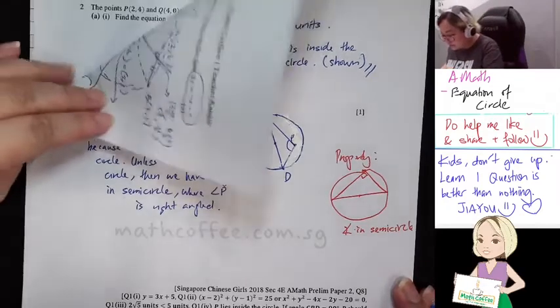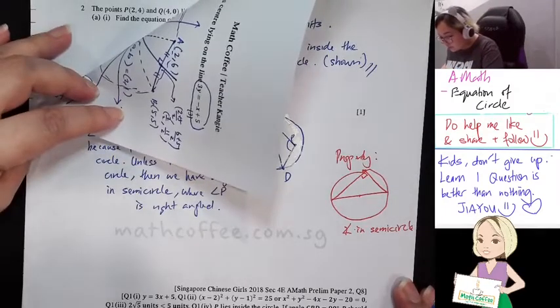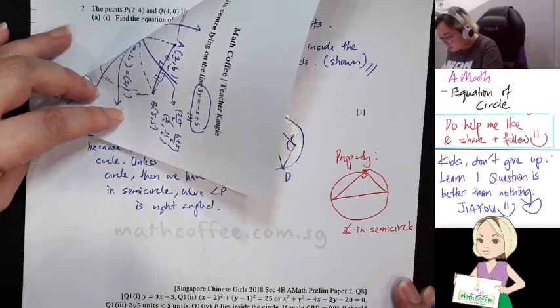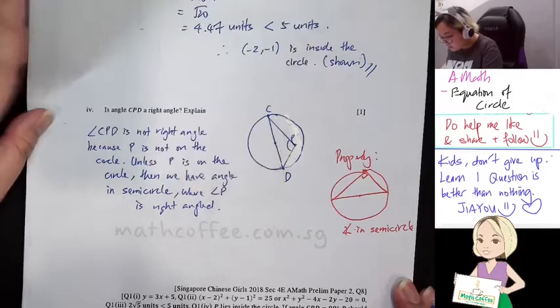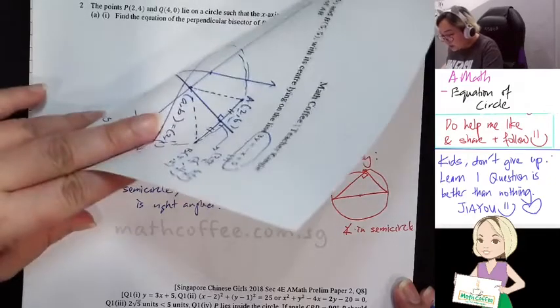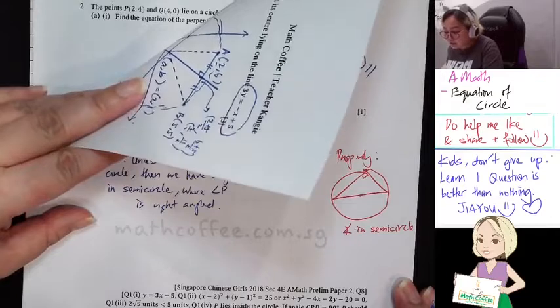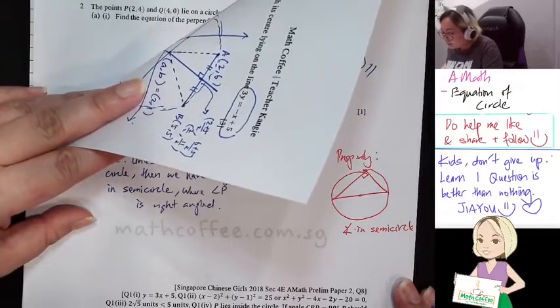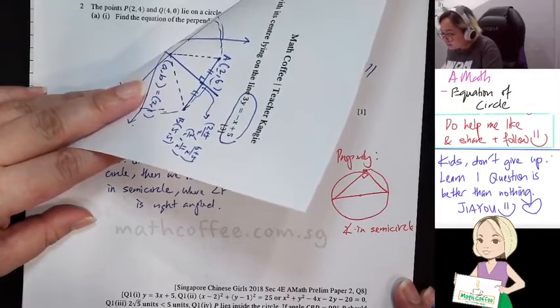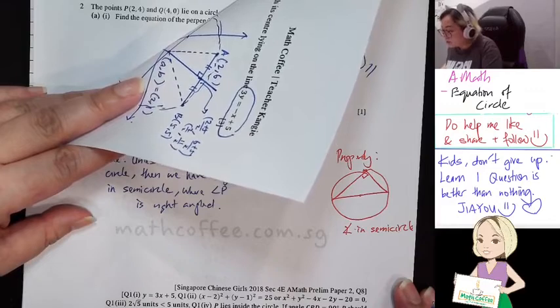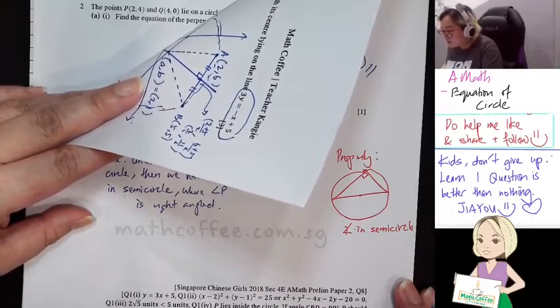You understand? Oh, I think this question was never taught. Yeah, but properties of circle got. Oh, I know why. Properties of circle, they only teach in Sec 4. That's the last topic.